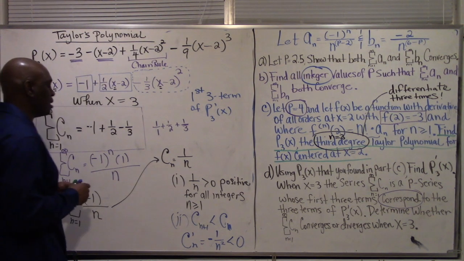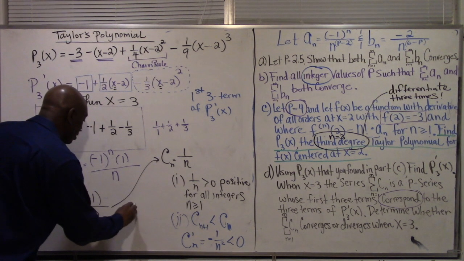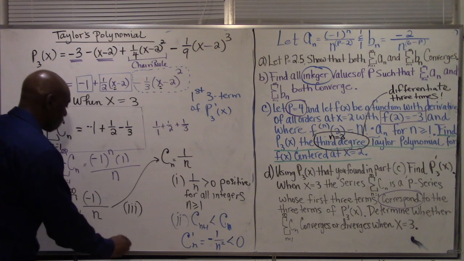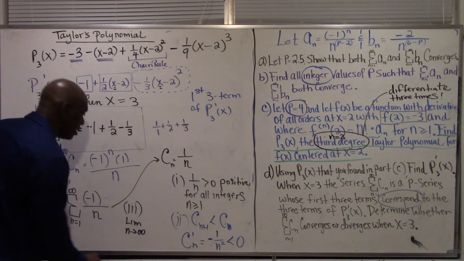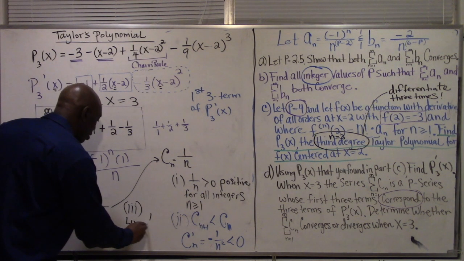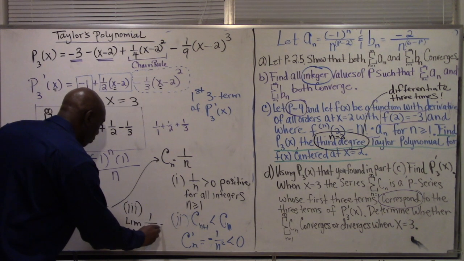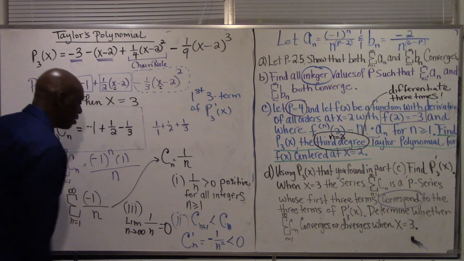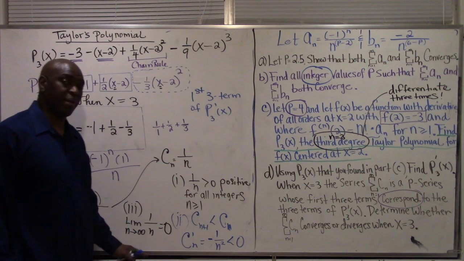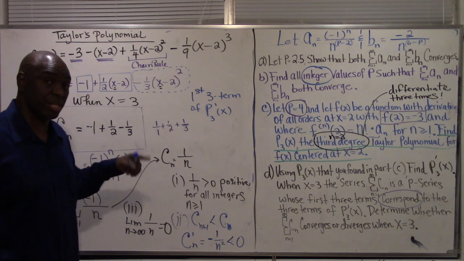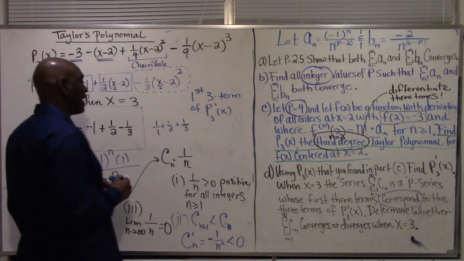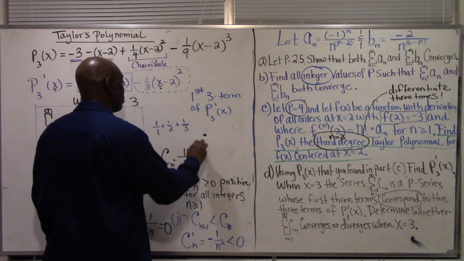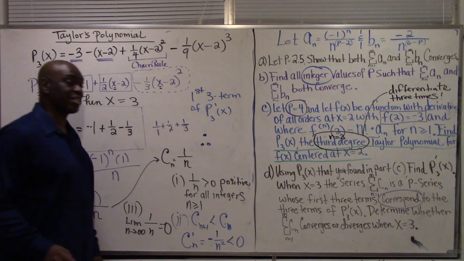And condition 3, 1, 2, 3, we have the limit as n approaches infinity of 1 over n, which does equal 0. So all 3 conditions are met, which satisfies the alternating series test. So what can we say? Therefore, 3 dots in the shape of a triangle.